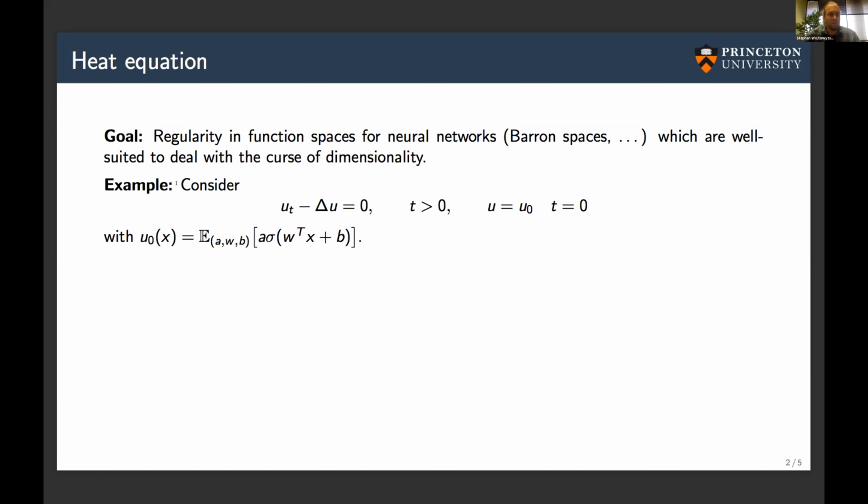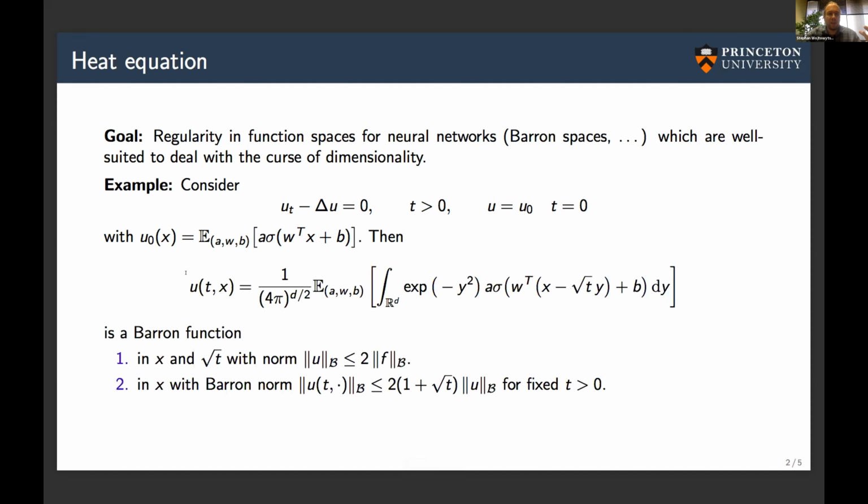And the starting point is if we just look at the heat equation, and the initial datum can be represented as this kind of expectation. So this would be an infinitely wide neural network where instead of a sum of a_i activation of w_i times x plus bias, we just have an expectation as an infinite kind of sum. Then we can use the exact representation formula by convolution with a heat kernel.